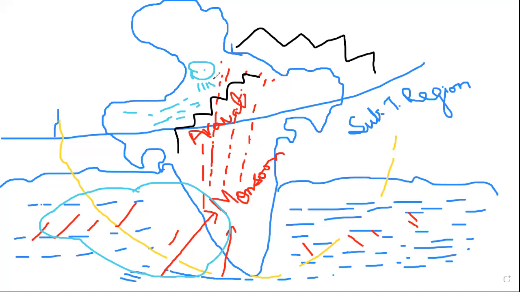Whenever these winds reach, first they start from southwest, they travel to the eastern part, and then they spread to the middle part. And in this manner, by end of August, September, actually the whole of the country receives rainfall.